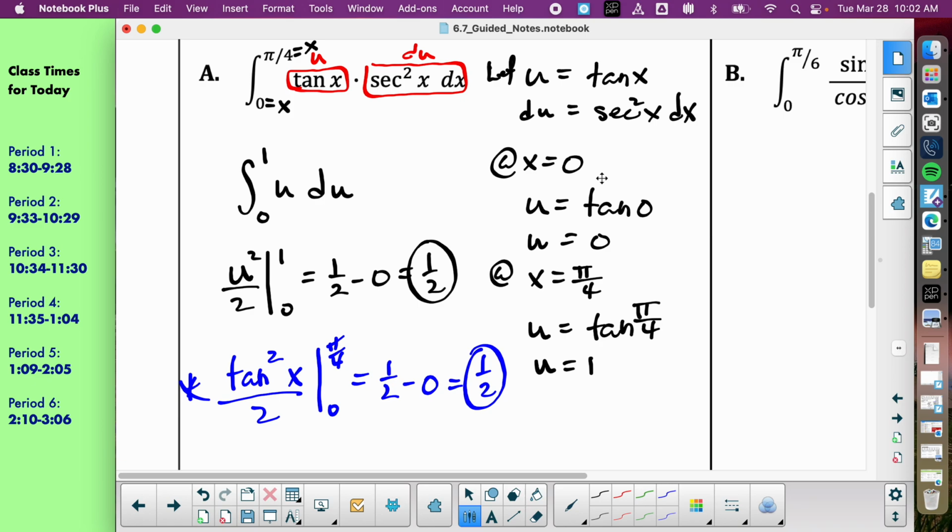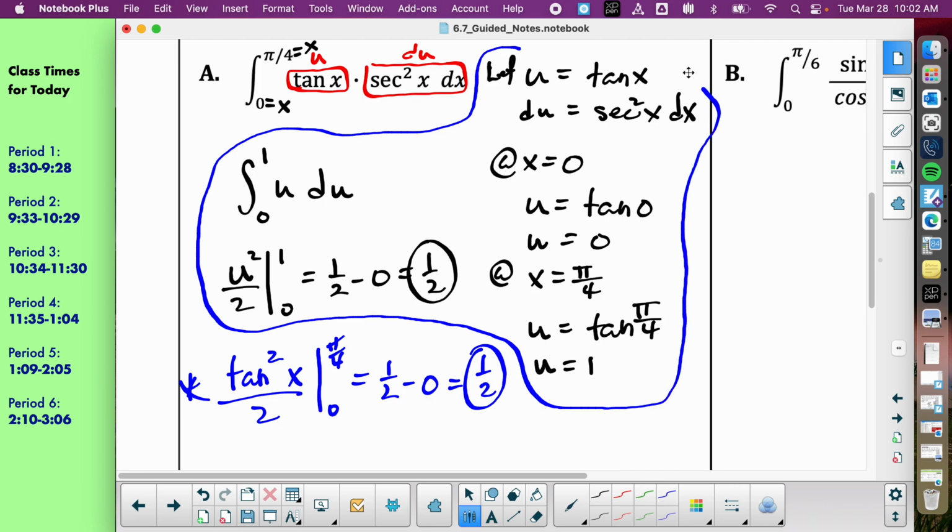For the blue? Because if I did the blue, I never even did u substitution. I went straight to the blue line. Because if I'm looking at this problem, I've done substitution enough that I would recognize that secant squared is the derivative of tangent. And so I would know that this is trying to say tangent to the first.